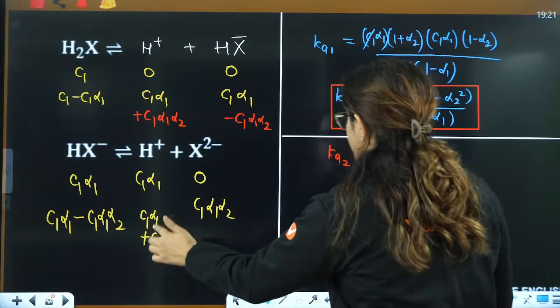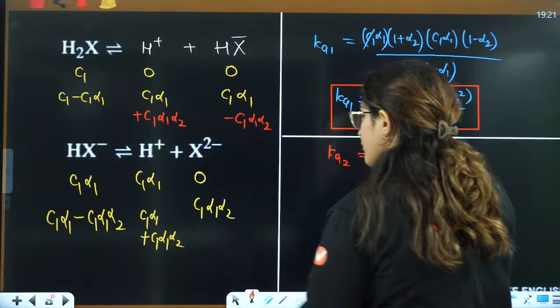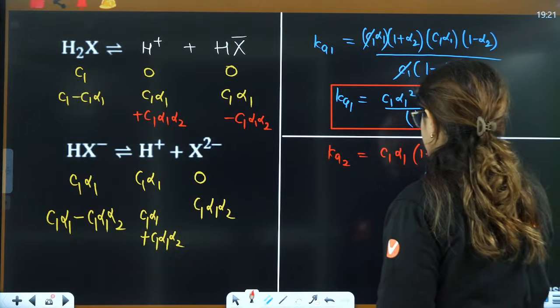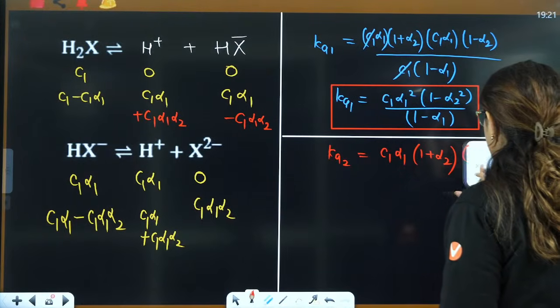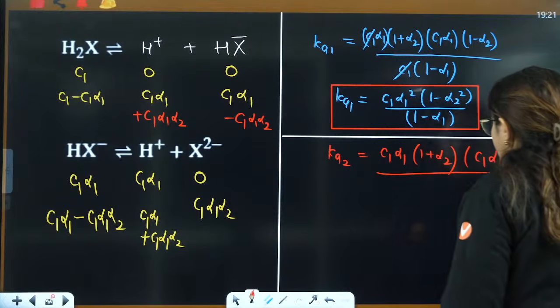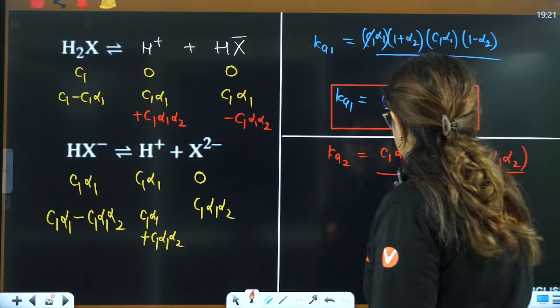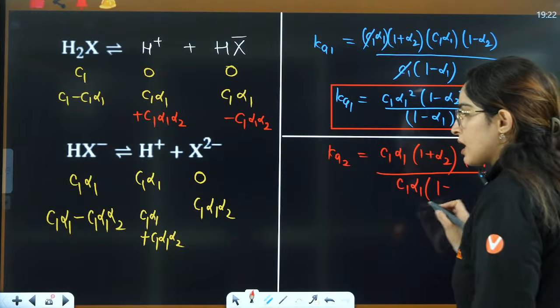Product is H positive, that is C1 alpha 1. You take it common. This will become 1 plus alpha 2. This is C1 alpha 1 into alpha 2 divided by C1 alpha 1.